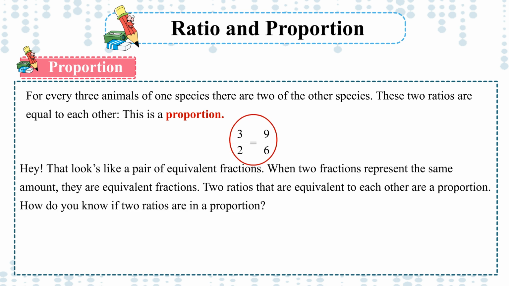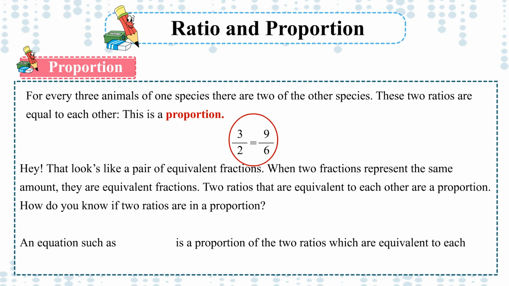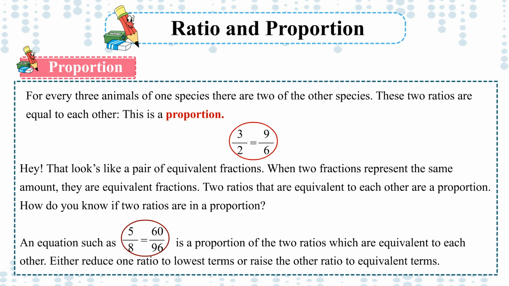How do you know if two ratios are in a proportion? An equation such as 5 upon 8 is equal to 60 upon 96 is a proportion of two ratios which are equivalent to each other. Either reduce one ratio to lowest terms or raise the other ratio to equivalent terms.